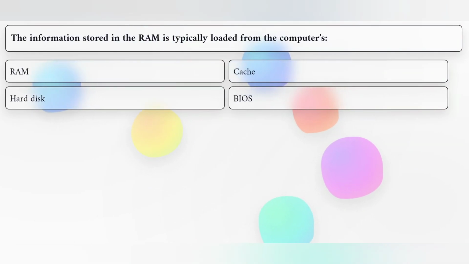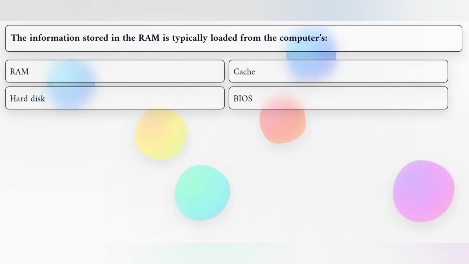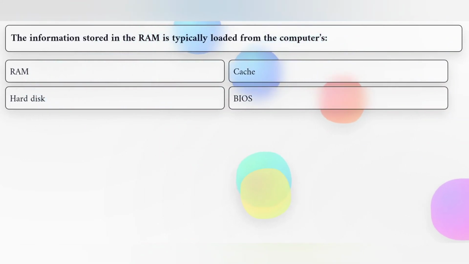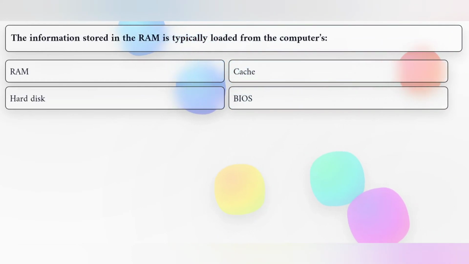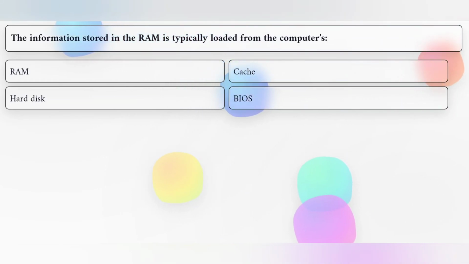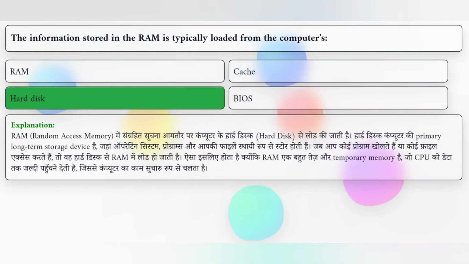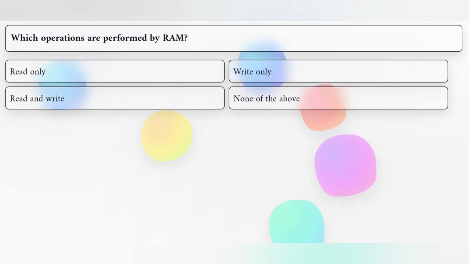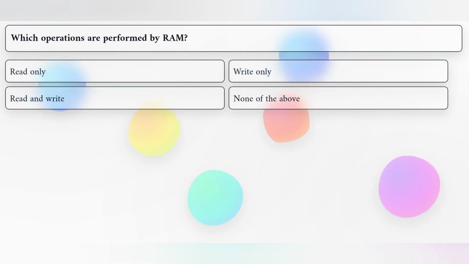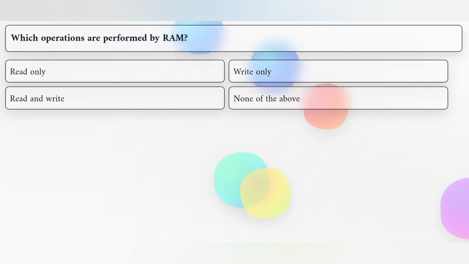The information stored in the RAM is typically loaded from the computers. RAM, cache, hard disk, BIOS. Which operations are performed by RAM? Read only, write only, read and write, none of the above.